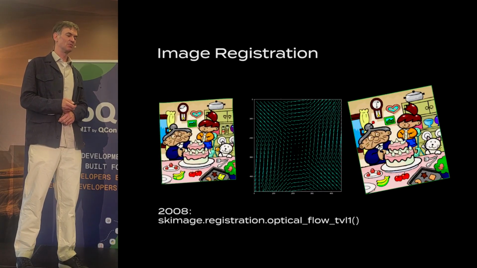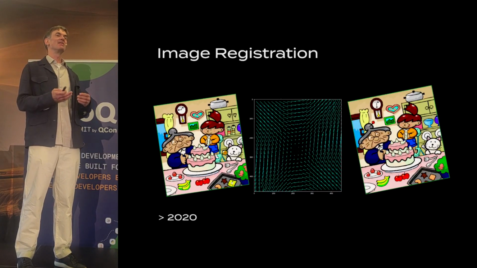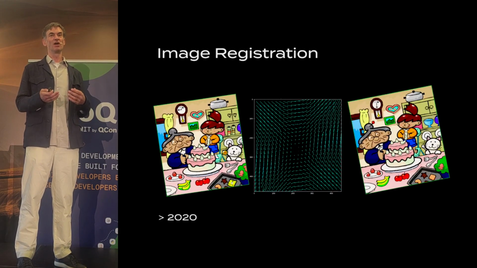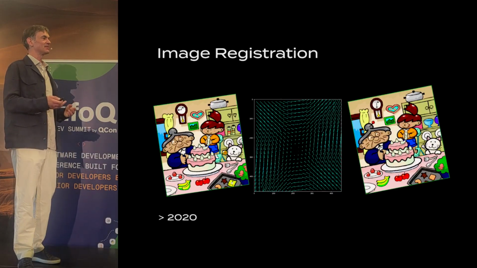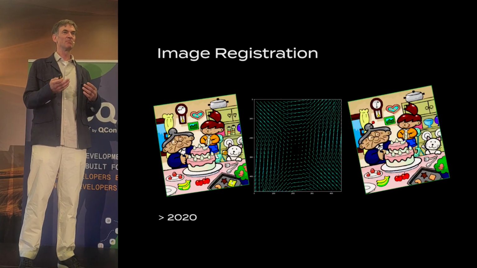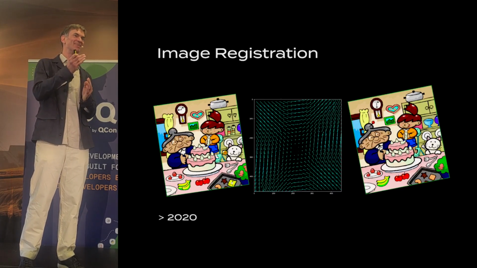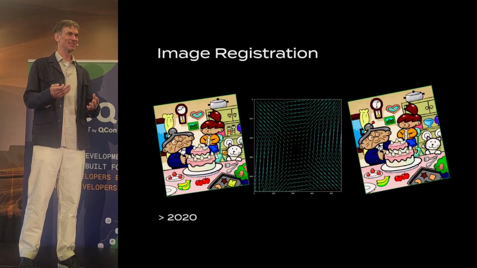And then go back to now, 2020 more or less. Now this problem is perfectly solved. The question is no longer if we can solve this registration, but more what exactly do we define as the boundary between a registration and an actual change.